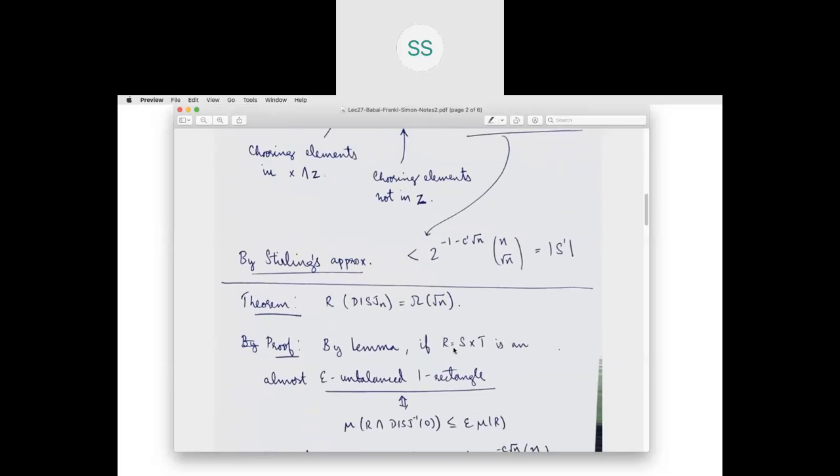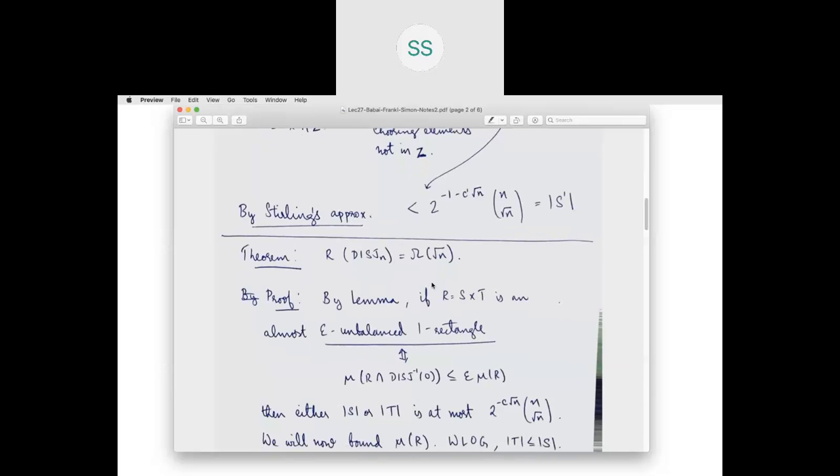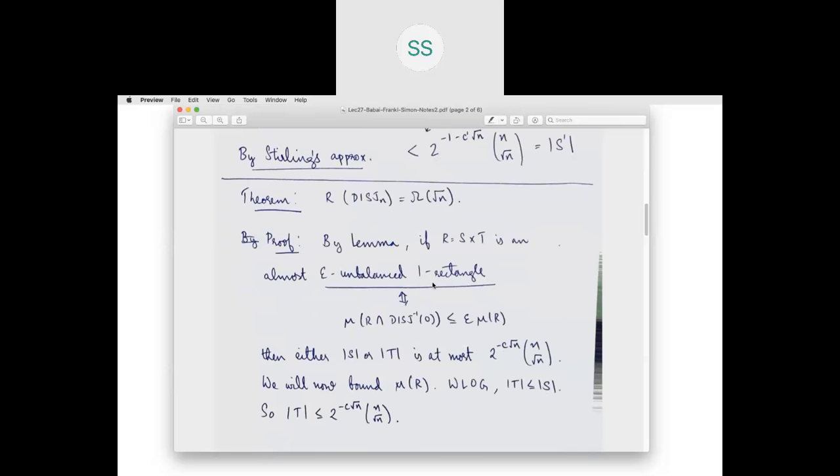Now we have the main theorem, which was that the randomized complexity of disjointness is at least square root n. So let us move to the main theorem. What was the lemma again? Let's revisit the lemma, if R is equal to S cross T. This is all within the setting that we already set up yesterday.